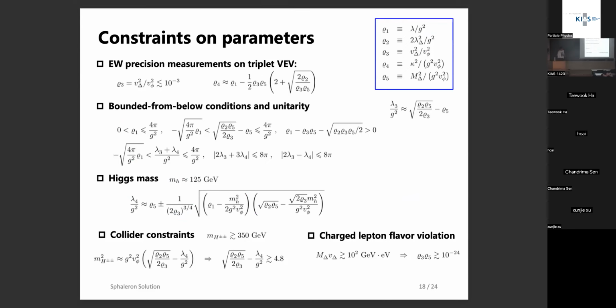And you can see that it also depends on the mu 2 parameter, which is the trilinear coupling. So it can only put a lower bound on the doubly charged Higgs mass, and it can indirectly put some constraints on this trilinear parameter, but not a direct constraint.